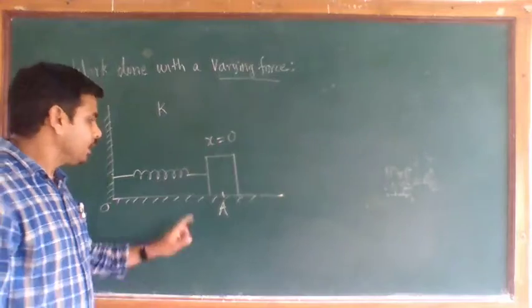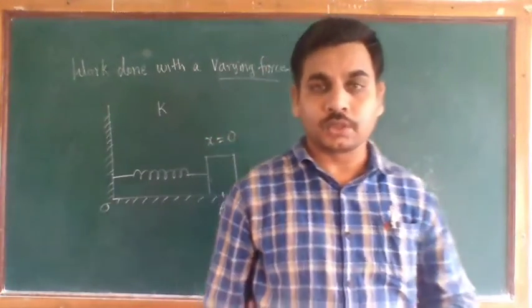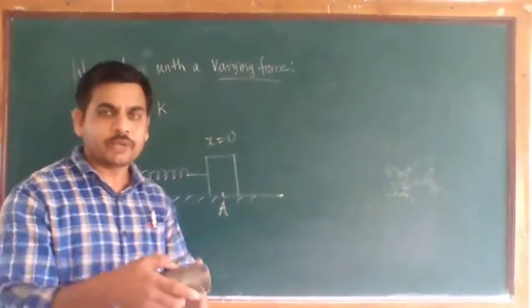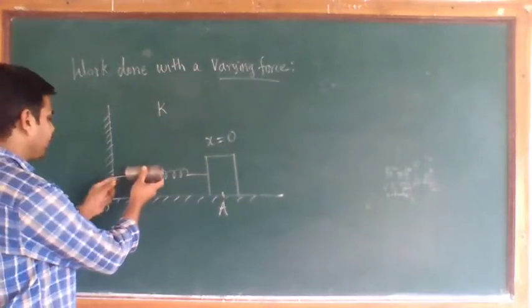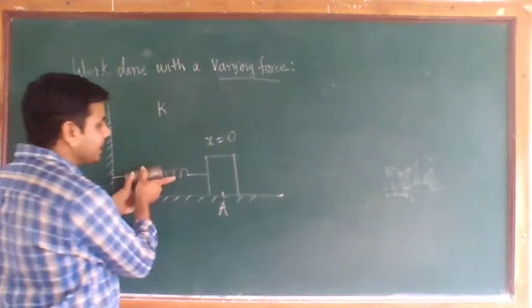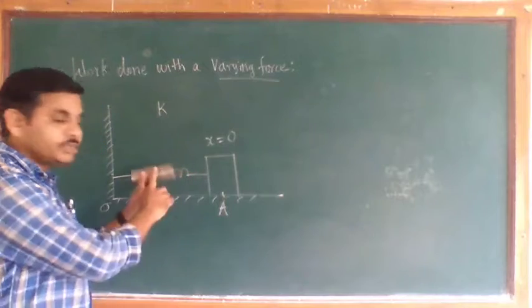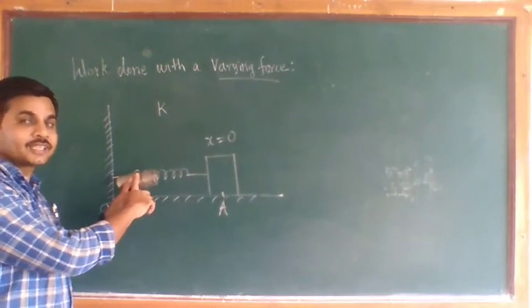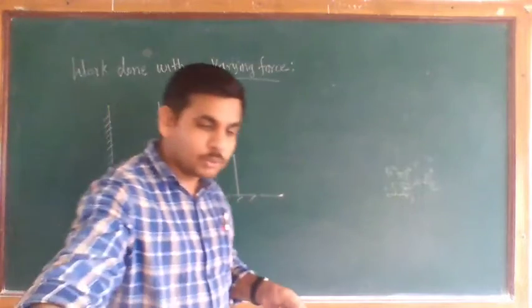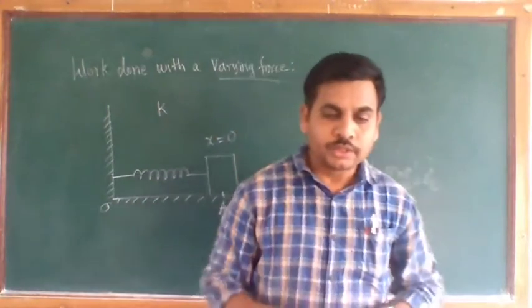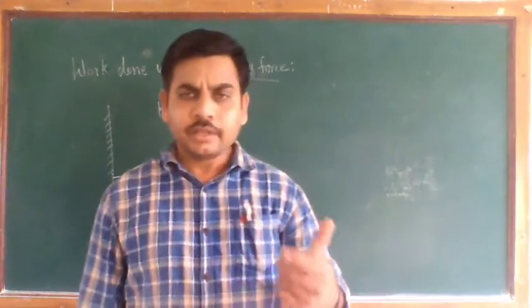The block is at rest. Now we are considering this spring in that same condition, with one end fixed and the second end tied to the block. This is the natural condition, in which x is equal to 0 and the block is at position x equal to 0.